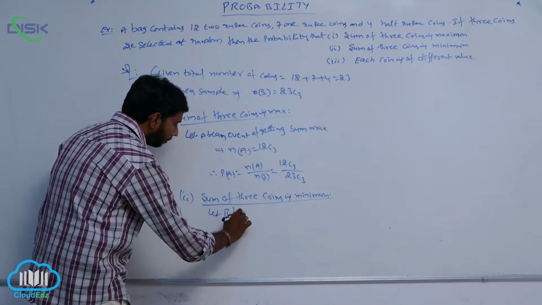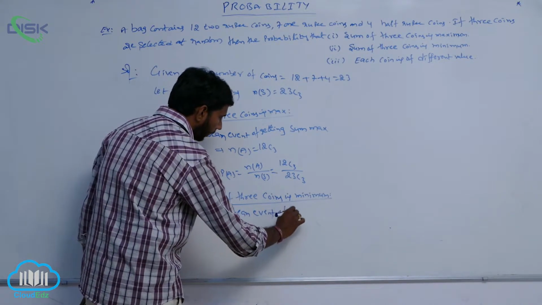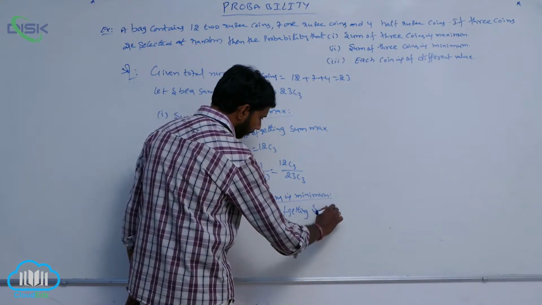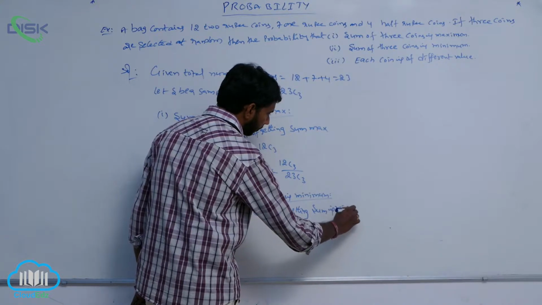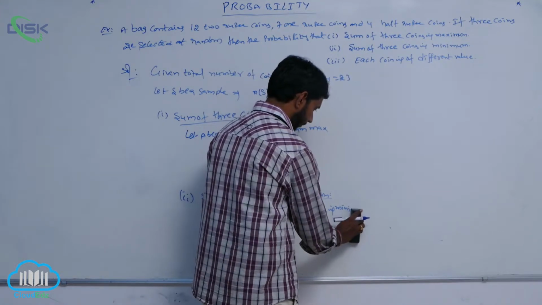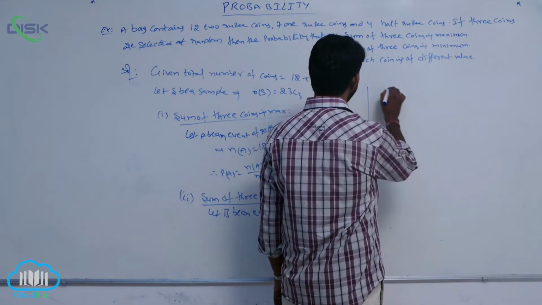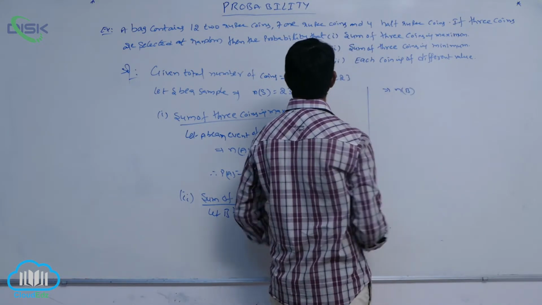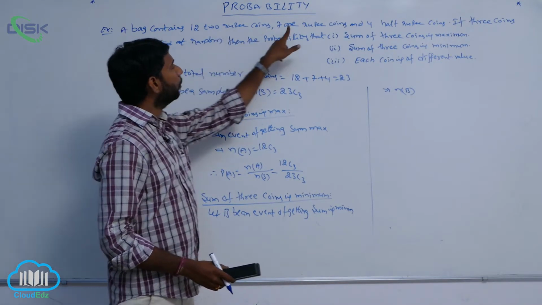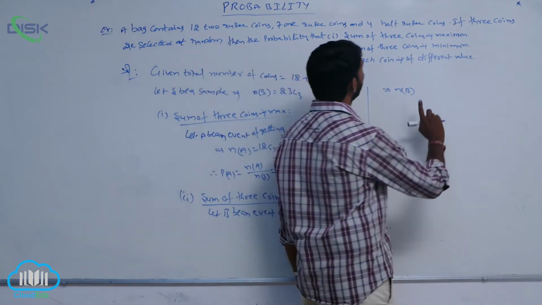Let B be an event of getting the minimum sum. That implies n(B) is equal to, here the 2-rupee coins sum is 6, the 1-rupee coins sum is 3, and the half-rupee coins sum is 1.5 rupees. The minimum is the 1.5 rupees of half-rupee coins.